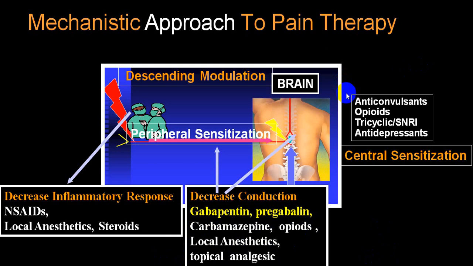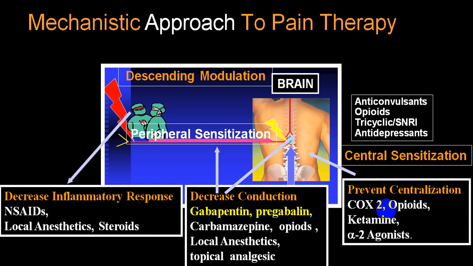And the drugs which act at the central level, at central sensitization, like anticonvulsant drugs, particularly what we call anti-epileptic drugs. There are a good number of anti-epileptic drugs which can act at that level, like carbamazepine. Then there are drugs which will prevent central sensitization, like COX-2 inhibitors, opioids, ketamine, and alpha-2 agonists.